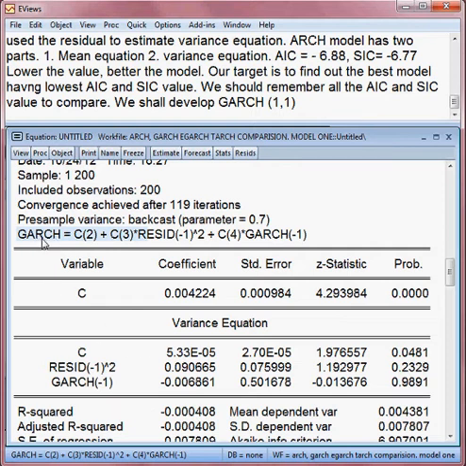And this residual we have derived from this mean model, from the mean equation model, meaning that from here.